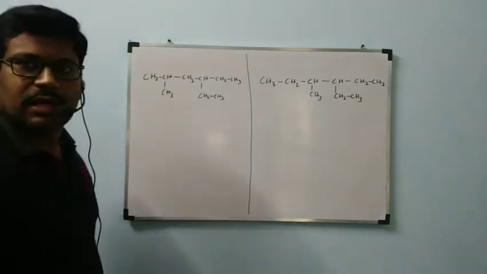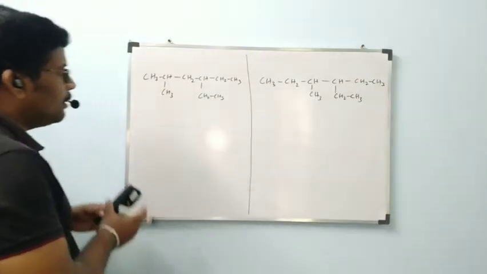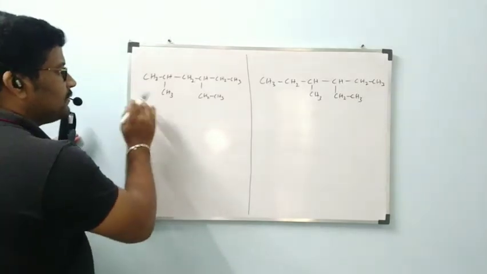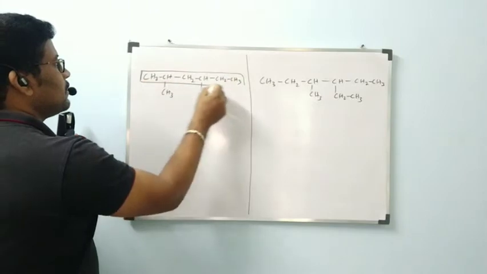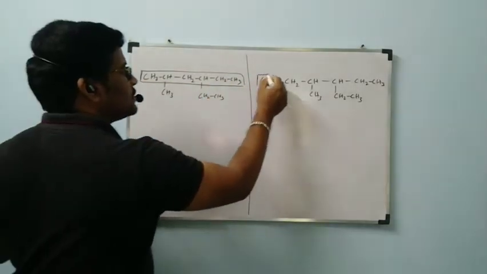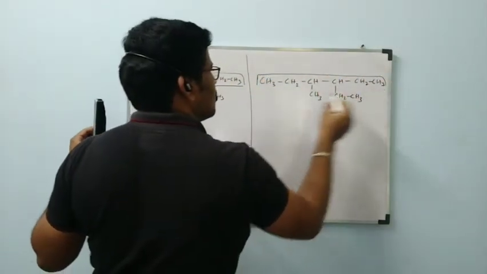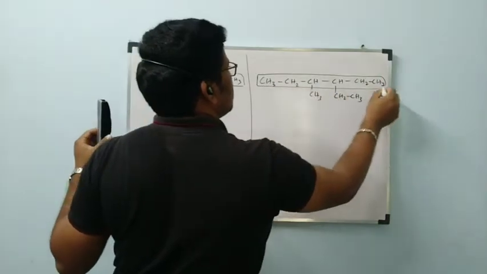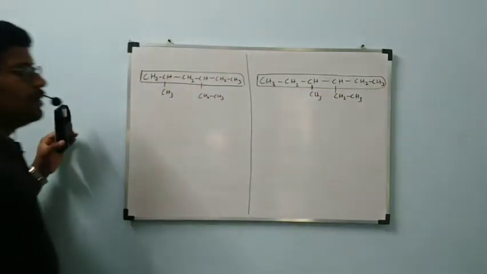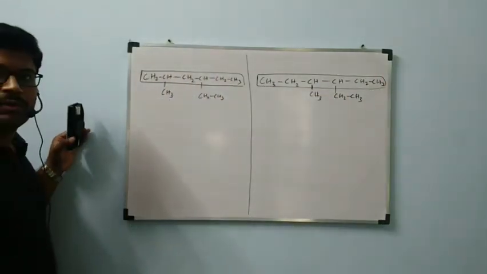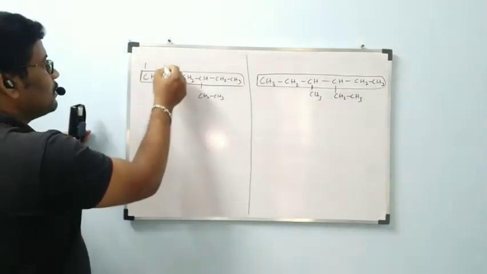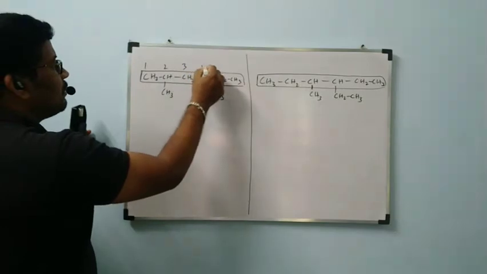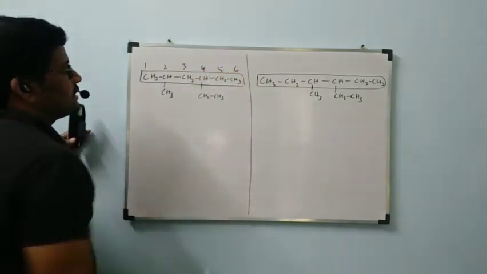Observe carefully, all of you. Now I am giving numbering for this compound. Here is the selection of the parent chain for this compound, and even for this compound also, the same thing. This is the parent chain. Numbering I am going to give for this compound: 1, 2, 3, 4, 5, 6.